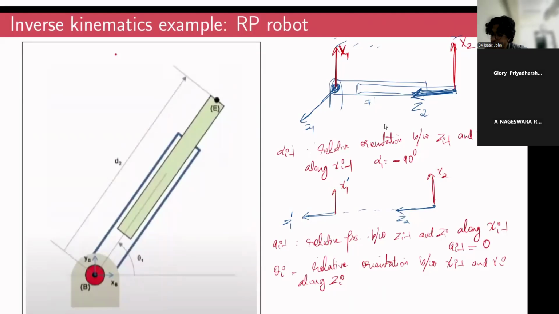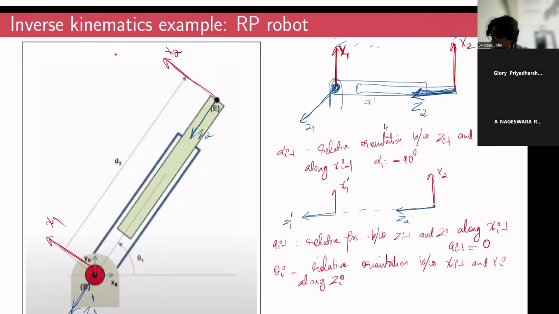Maybe at a different tilted orientation, x1 would be like this and x2 like this, with Z2 like this, and Z1 dash, since we have done the alpha transformation, something like this.